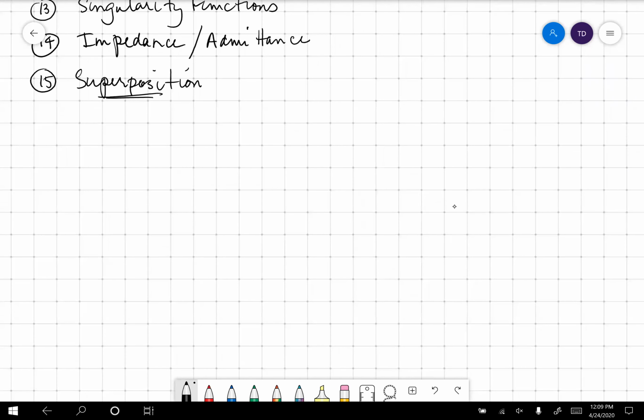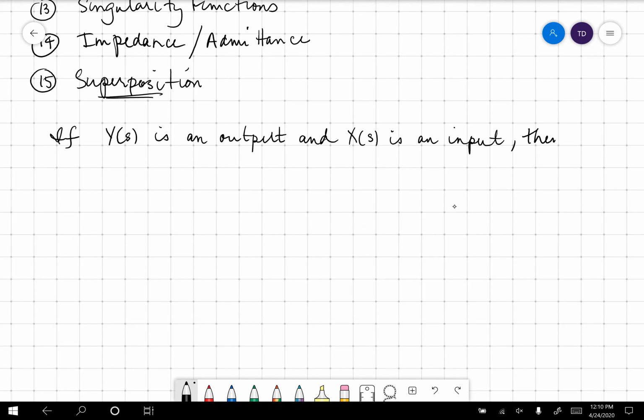So we finished the last time, we were looking at the relationship between the system function and the input and the output. So just as a reminder, if Y(s) is an output and X(s) is an input, then H(s) is defined to be equal to the output over the input, Y(s) over X(s).